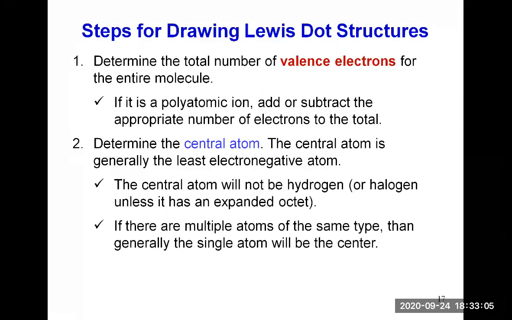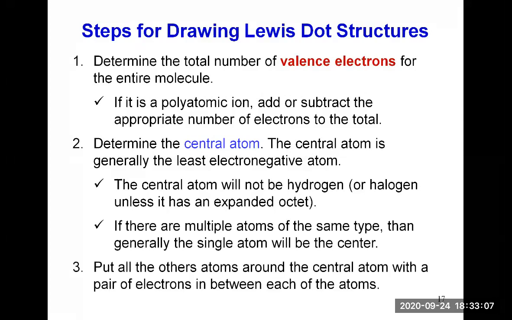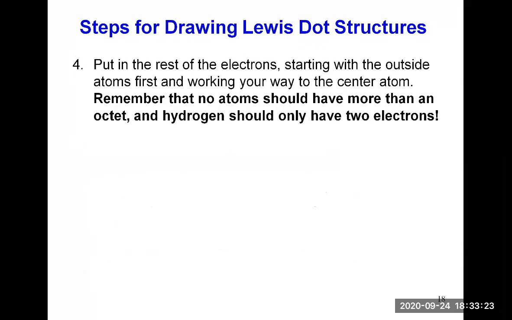Then next you put all the other atoms around the central atom with a pair of electrons in between each of the atoms. So basically you put single bonds between the central atom and the atoms around it. Next, you calculate the remaining number of electrons, and with the rest of these electrons, you will start completing octets.